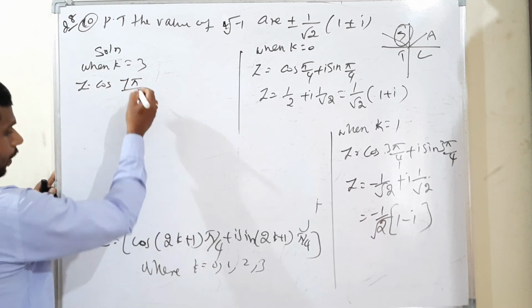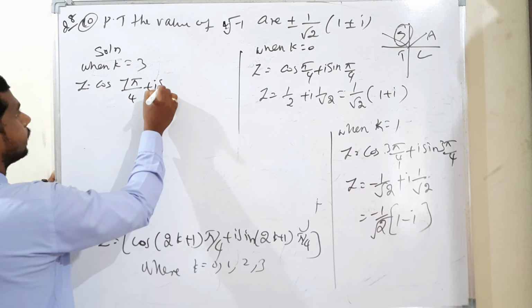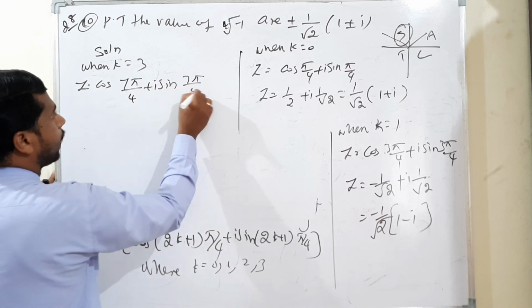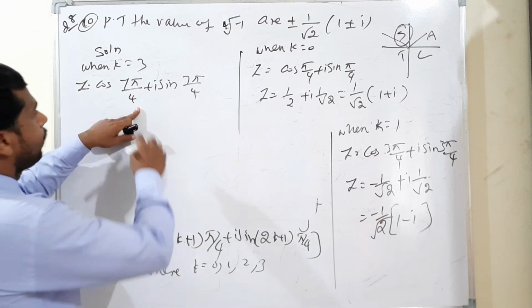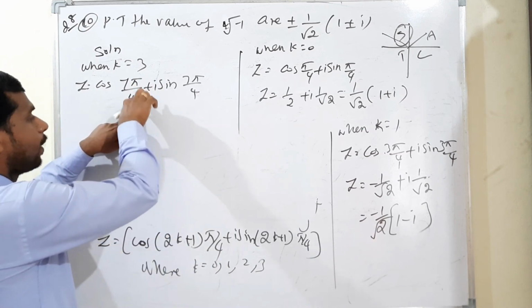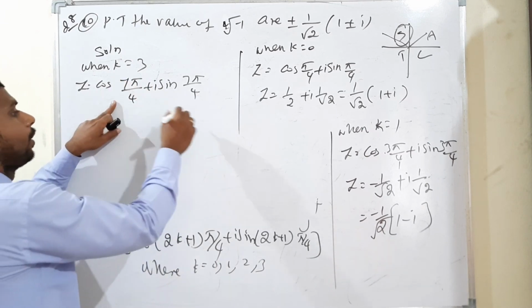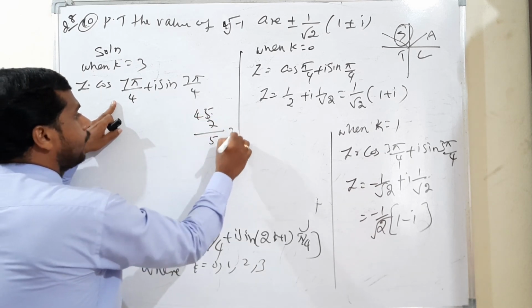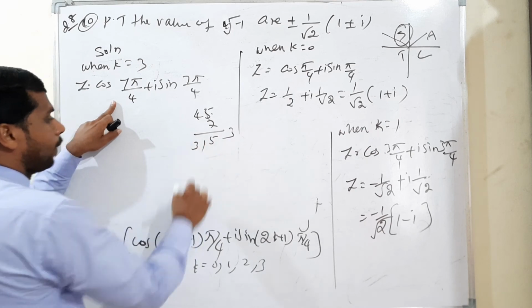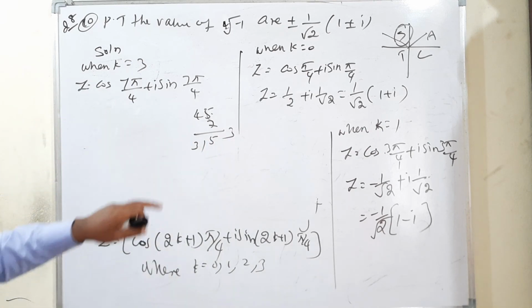So 7 pi by 4 plus i sin 7 pi by 4. Now 7 pi by 4, we already know pi by 4 means 45. Then 45 into 7 means what will happen? 45 into 7, 5 7s are 35, 4 7s are 28, 28 plus 3. Sorry, my dear, 2 is missing, no?